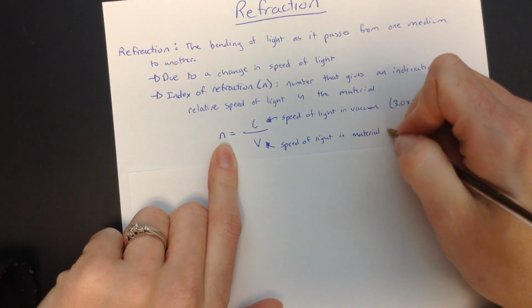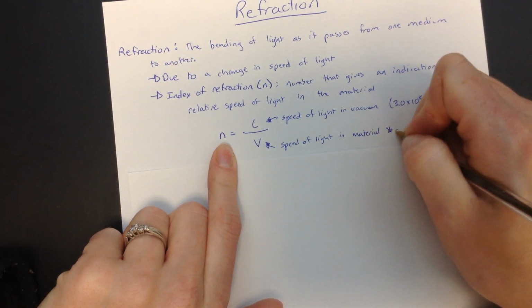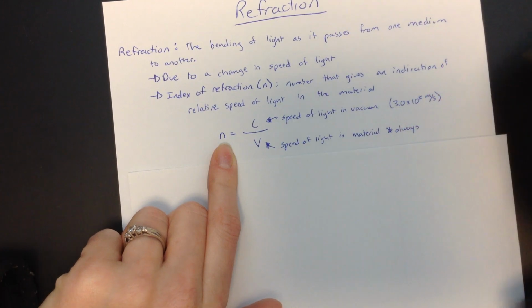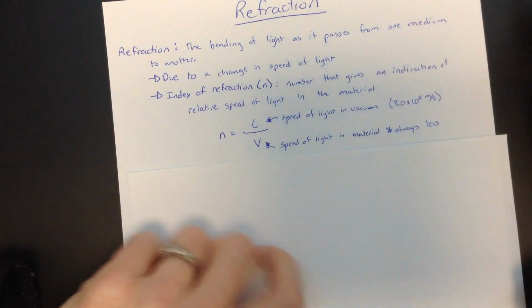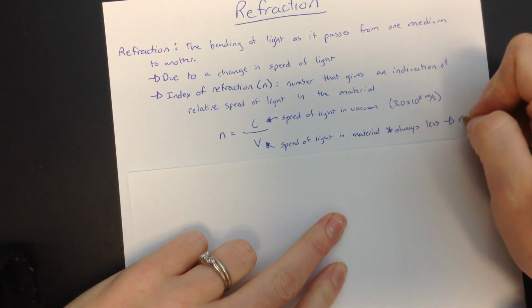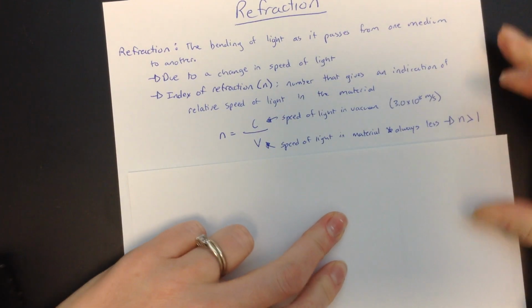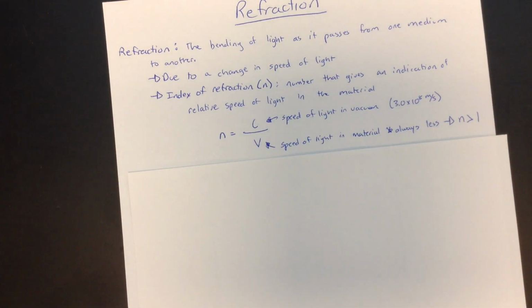And since this is always less, because the fastest it can go is in a vacuum, this number is always greater than 1. So n is always greater than 1. If you get a value for n that is less than 1, you probably did something wrong in your calculation.